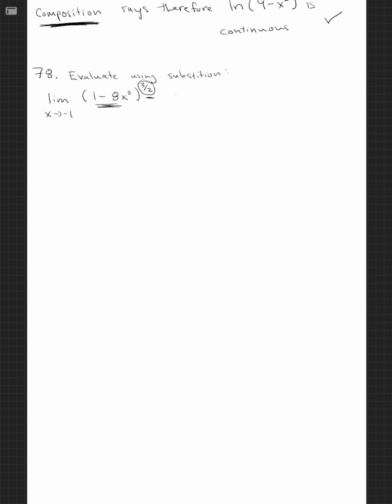And so it's composing two continuous functions. So it's continuous, right? So that means we can do substitution. And that means that to evaluate this limit, we just have to take x and replace it with its value, right? Negative 1 cubed is just negative 1.